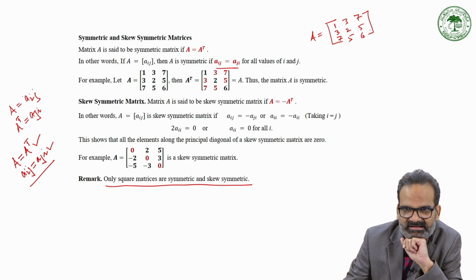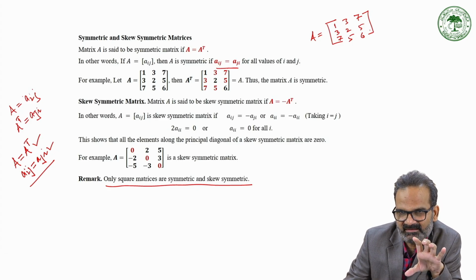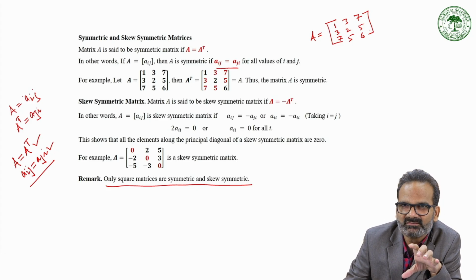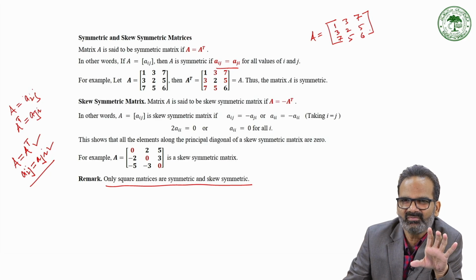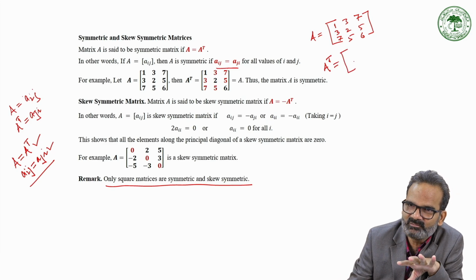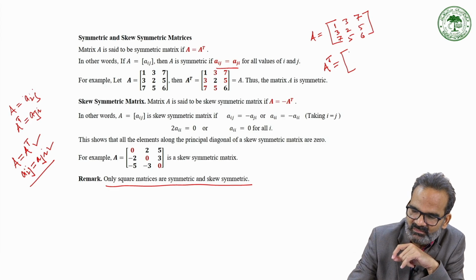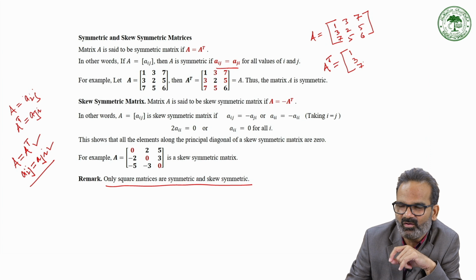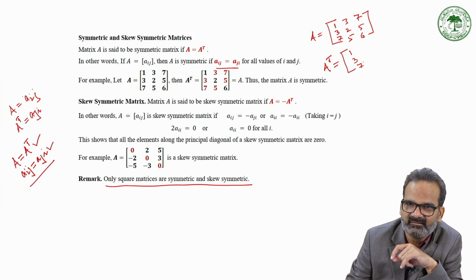We want to examine whether the matrix A is symmetric or not. So what we will do, we simply find out its transpose. So see, what is the transpose? A transpose. Transpose means the rows and columns should be interchanged. The first row of A is 1, 3, 7, so it should be treated as 1, 3, 7, the first column of A transpose, right?